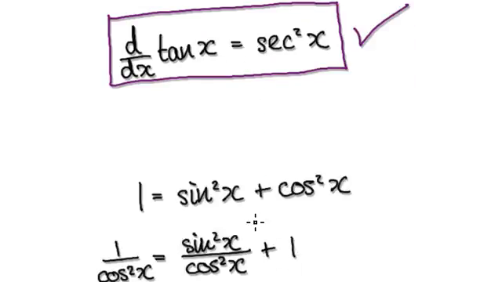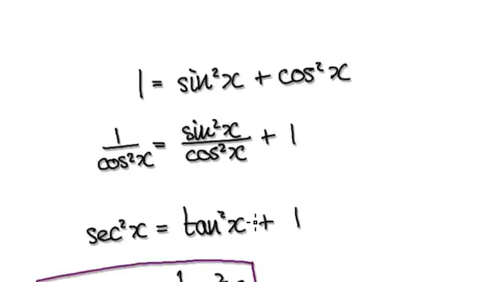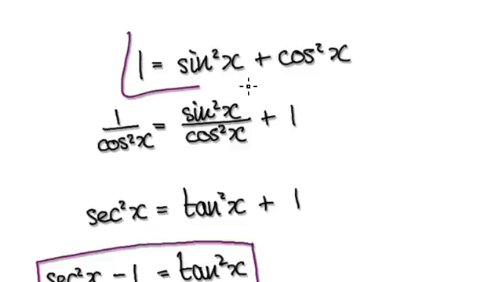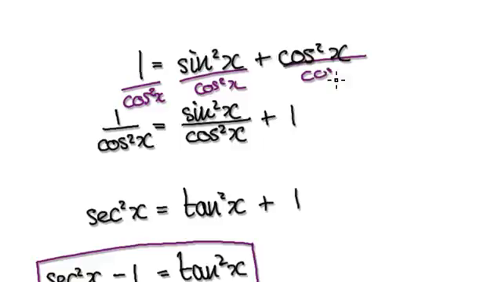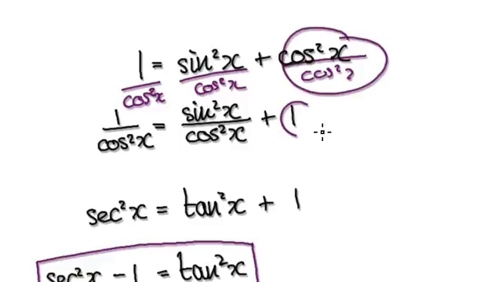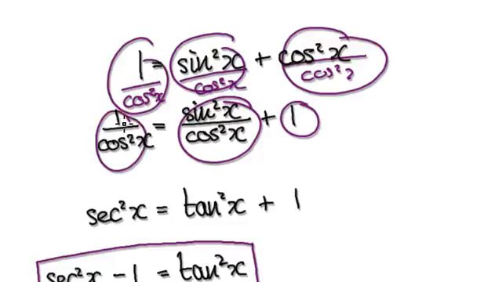Okay, and then the other blocks start out with this, and then if you divide everything by cos squared of x, this thing here will be 1, this thing here will be this, this thing here will be this.